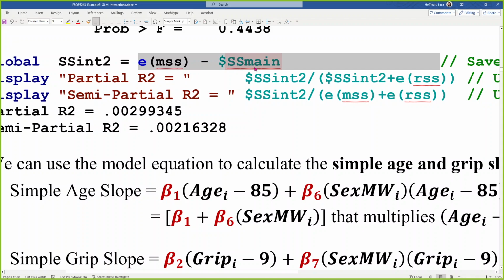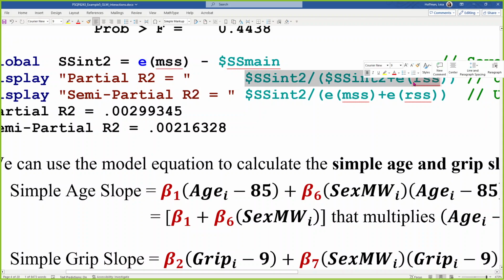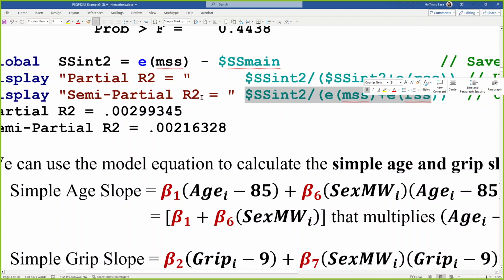So I have saved the sums of squares for the previous model as this object. So it's going to put that number in here and do the math for me. And this is the result of this model that it has also saved. I can then compute partial R square in case reviewer 3 wants you to report that. And the smarter reviewer, of course, will want you to have semi-partial R square because they don't like cheating.